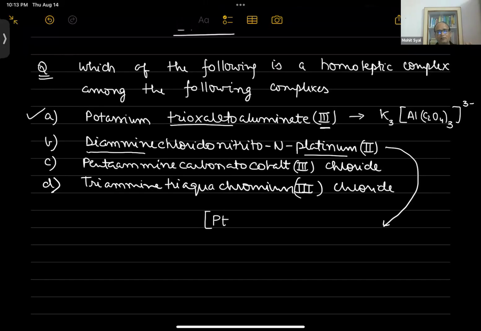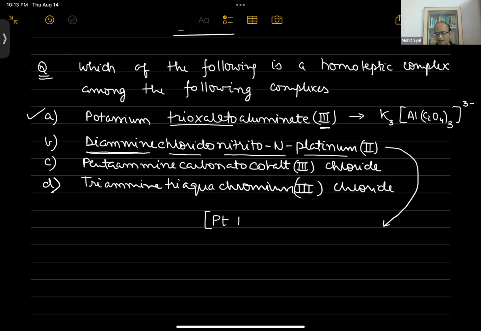For writing the formula of cation and anion, in the square bracket you should first write the metal, then you should write the ligands in alphabetical sequence. So amine is there, chlorido is there, nitrito N is there. But there are two amines.